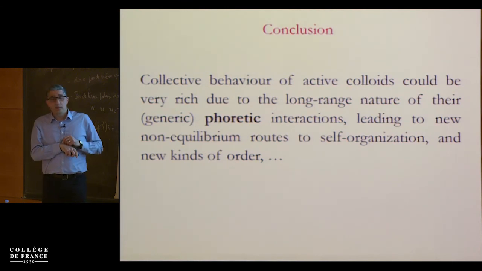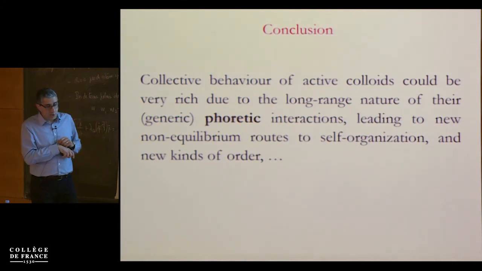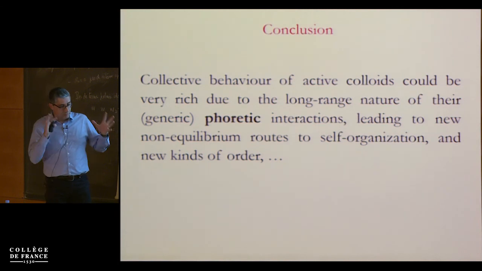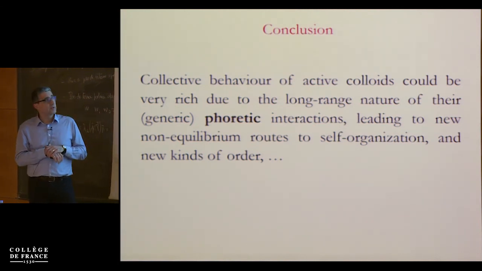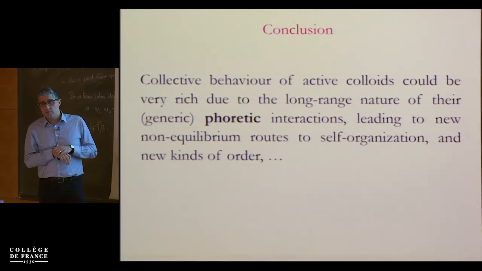Okay, so with that, I think I can conclude. Essentially, I showed you a very wide variety of different systems that interact with each other via these gradients. Essentially, they all have long-range interactions. And because of the long-range interactions, they show very interesting non-equilibrium effects.